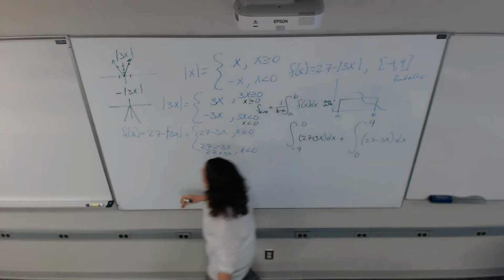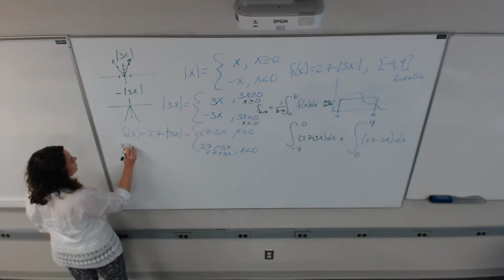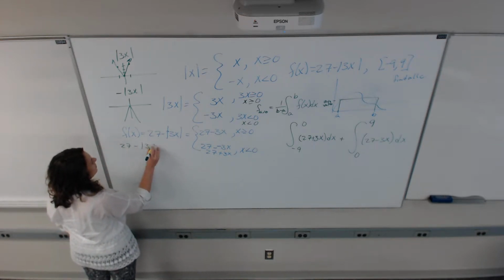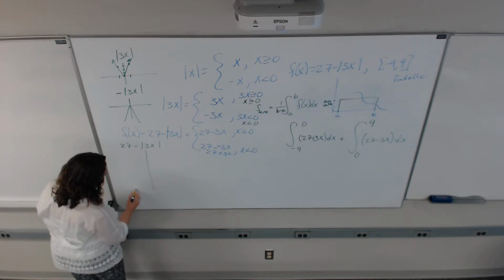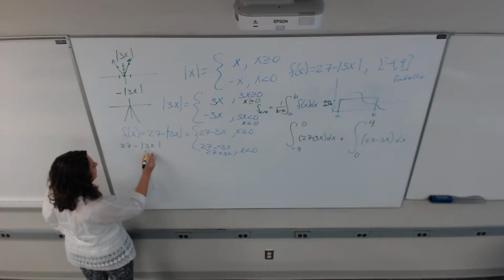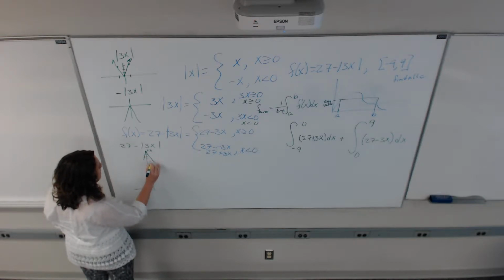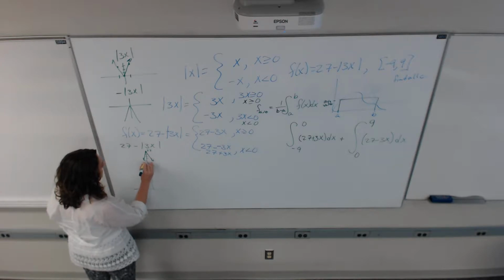It moves the whole thing up 27. So if I have 27 minus the absolute value of 3x, boy, this is going to be a bit of a challenge. Okay, so way down here somewhere, and up here I've got 27. So it's here, and I'm going to go down 1, 2, 3 to like that. Does that make sense?